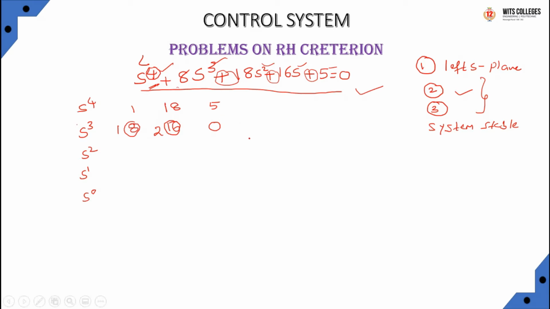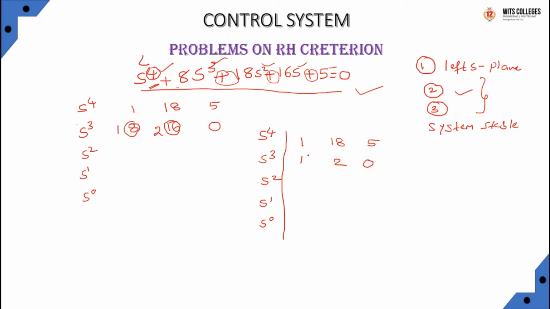We rewrite this equation again: s power 4, s power 3, s square, s power 1 and s power 0. Here s power 4 has 1, 18, 5. Here the s cube row, with 8 common, has 1, 2, 0.